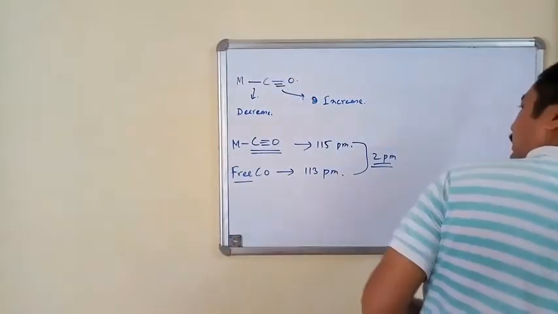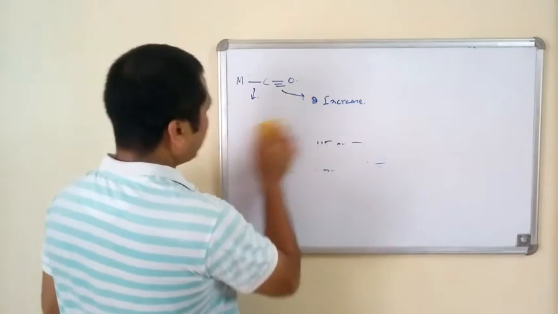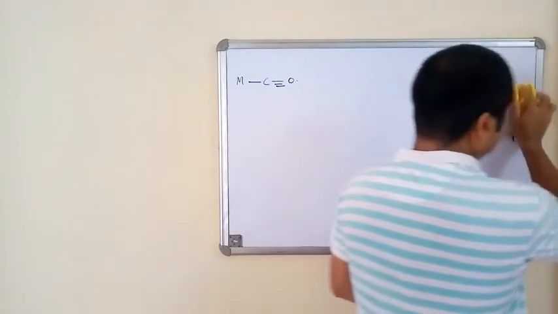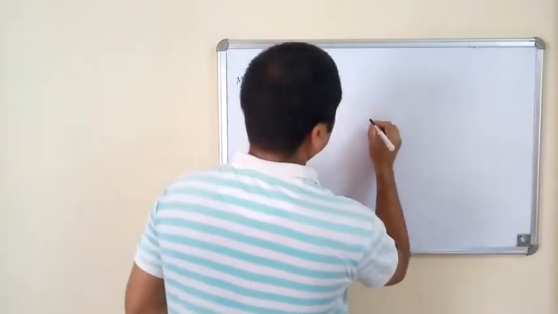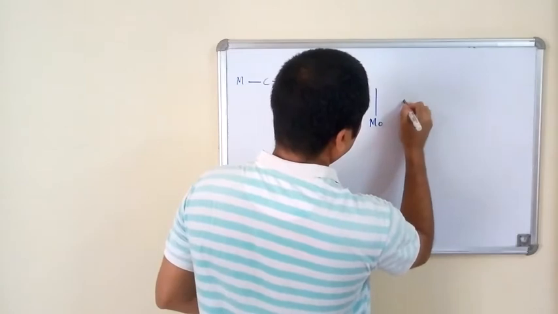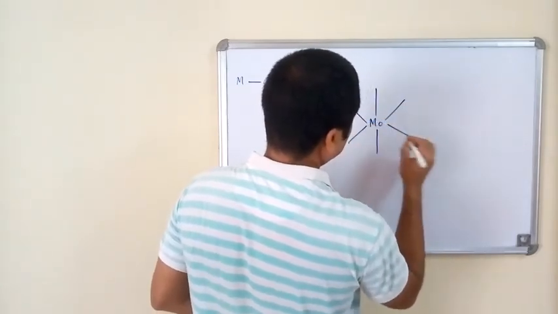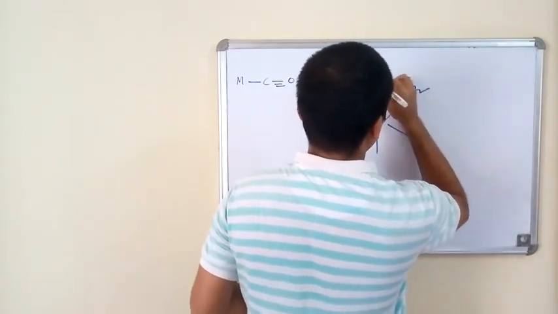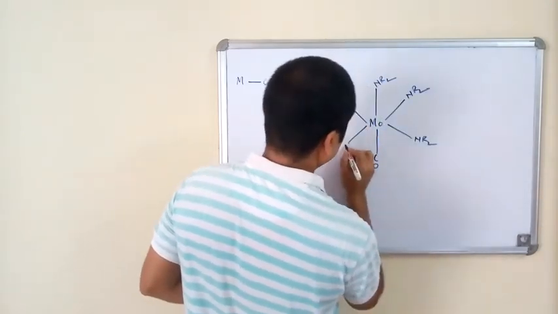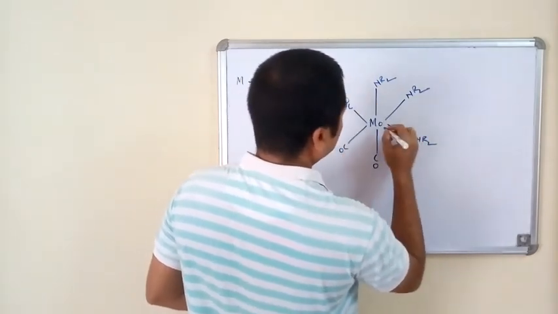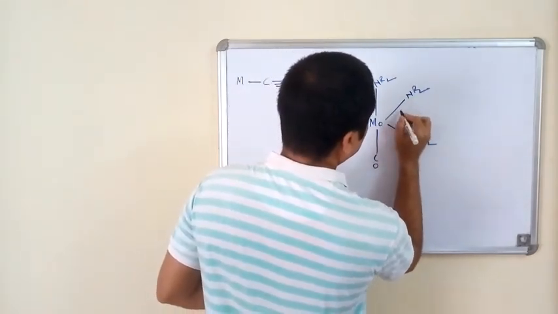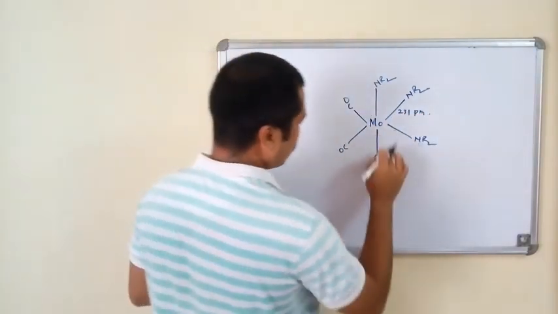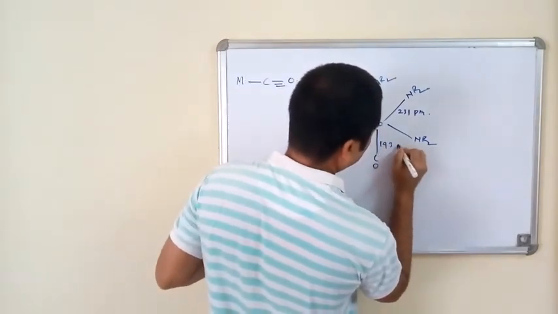But if we look at the MC bond distance instead of the CO bond distance, one complex we will see as an example is a molybdenum carbonyl complex. The molybdenum nitrogen bond distance in this case is 231 picometer, while the molybdenum carbon bond distance is 193 picometer.